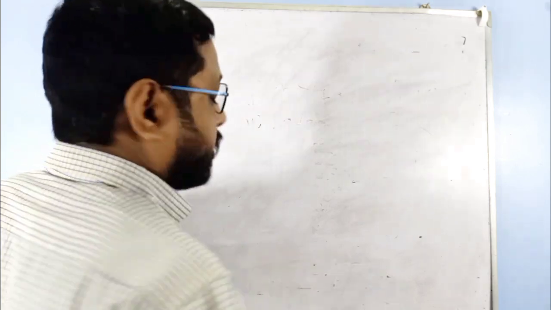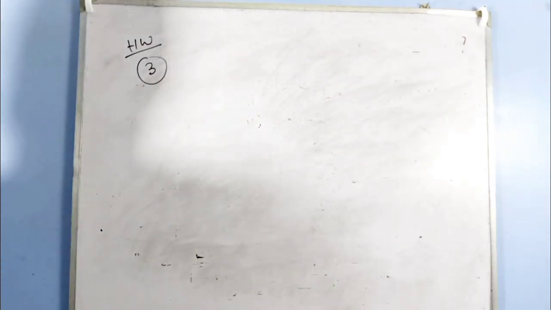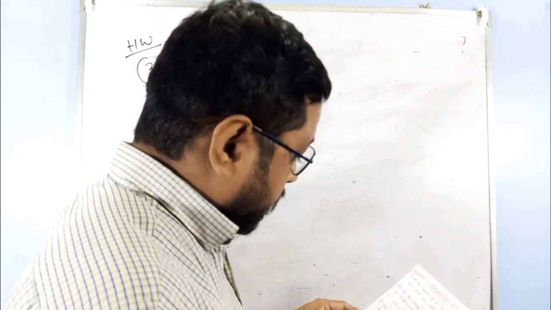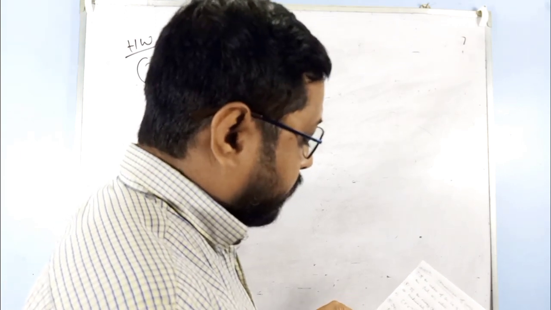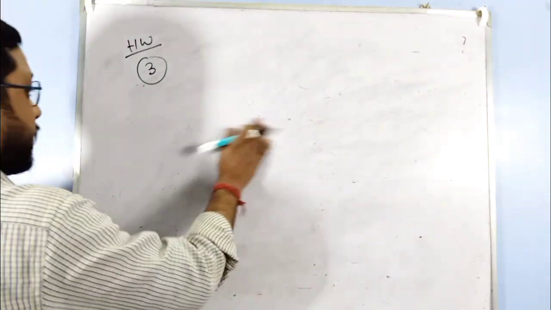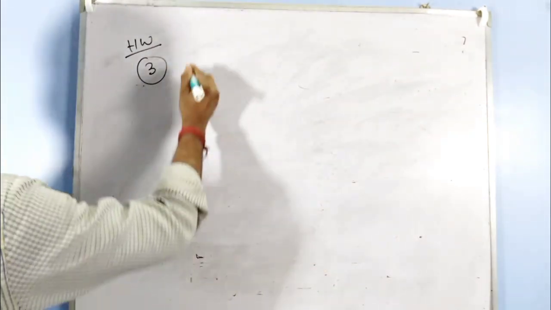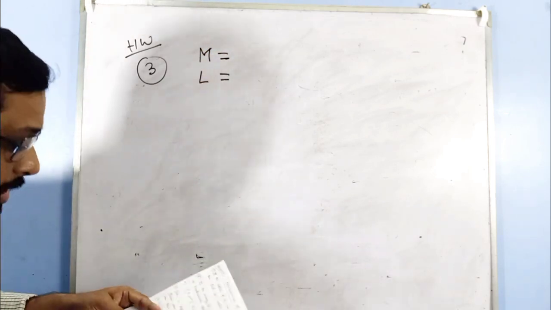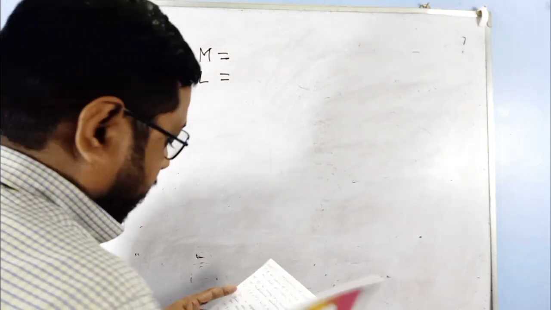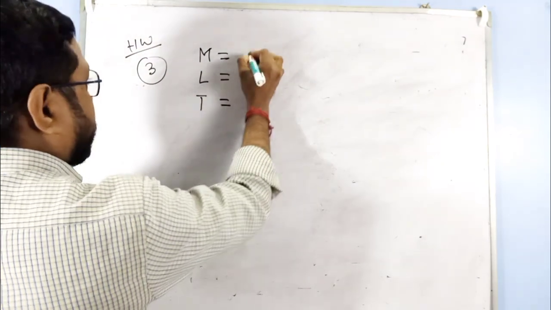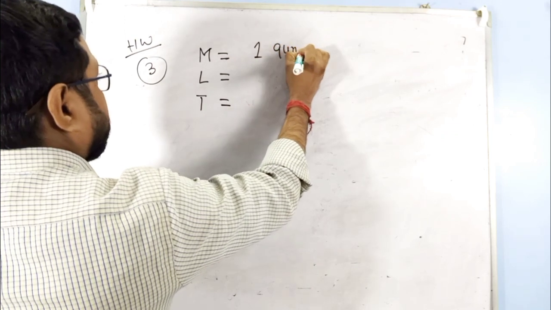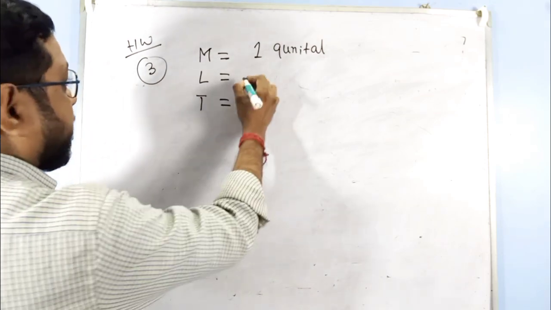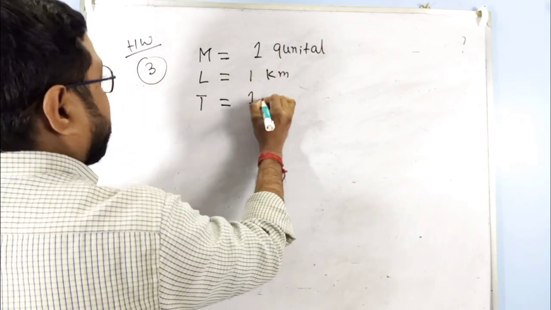Now we go with the third example. In a system of units, the units of mass, length and time are given: mass is 1 quintal, length is 1 kilometer and time is 1 hour.